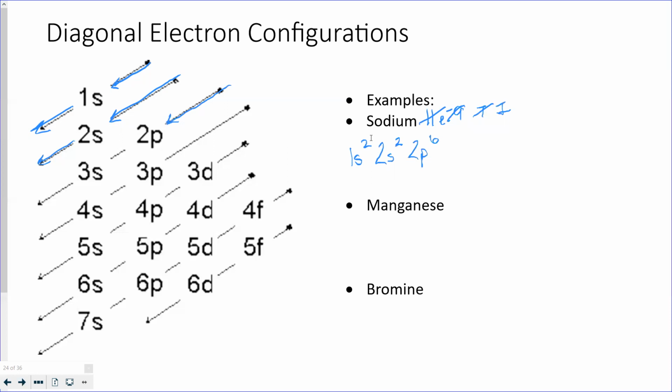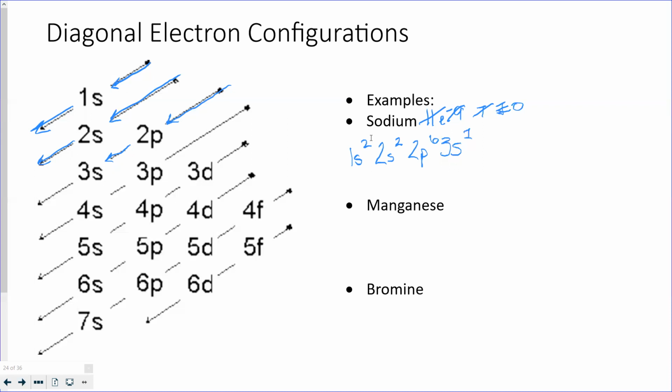So after 2p, keep going on that diagonal, we get to 3s. Now 3s, we said, can hold up to 2, but we only have 1 electron left. Once you run out of electrons, you're done. So there's only 1 electron in this 3s sublevel. This just lists out all the locations that we are likely to find electrons around this nucleus of sodium.